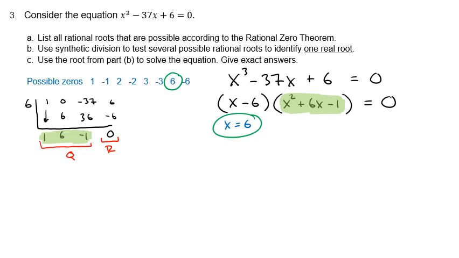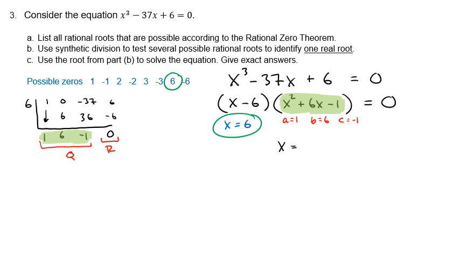So we set that equal to 0. This is the zero factor theorem. So we could use the quadratic formula: A is going to be 1, B is going to be 6, C is going to be negative 1. So plug those numbers into the quadratic formula.